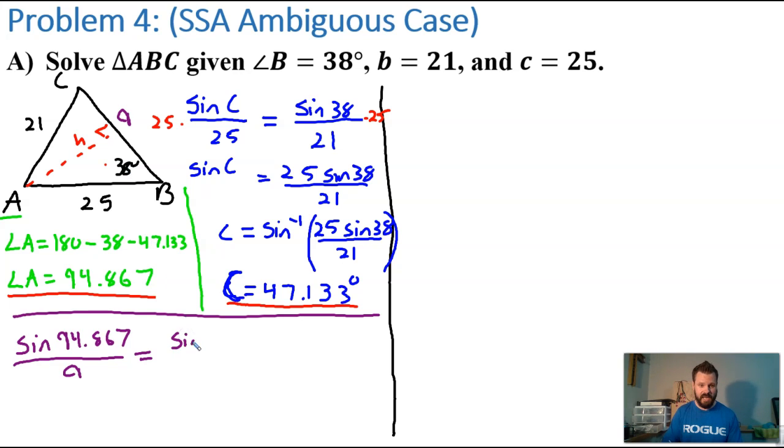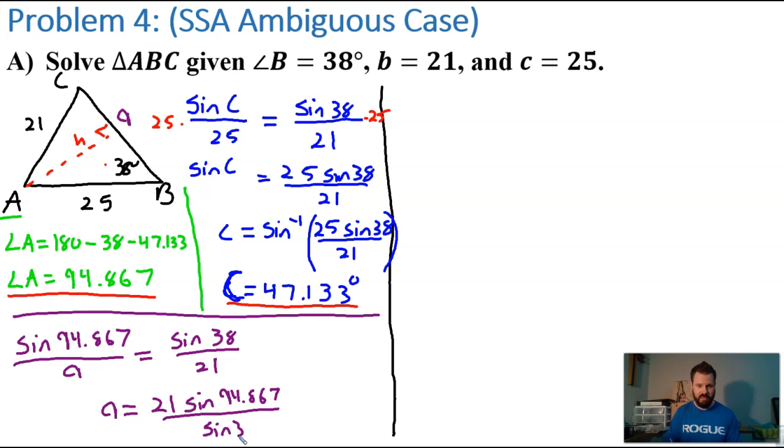We can say sine of b, so 38, over little b, 21. Okay, cross multiply, divide. That's going to leave us a is equal to 21 sine of 94.867 over sine 38. And when I plug that in, I get a 33.987.